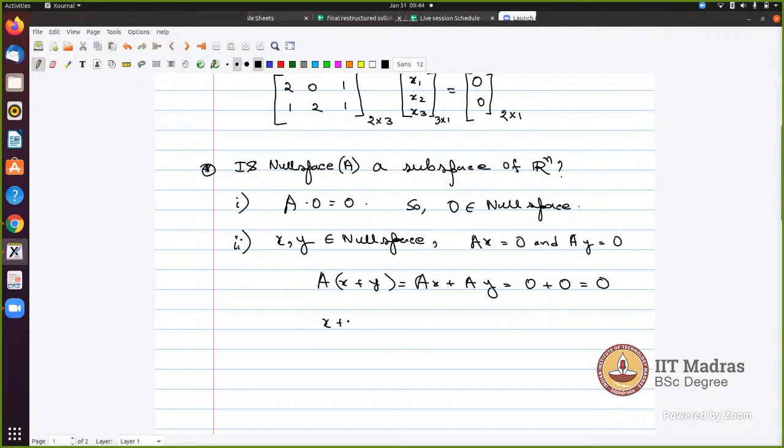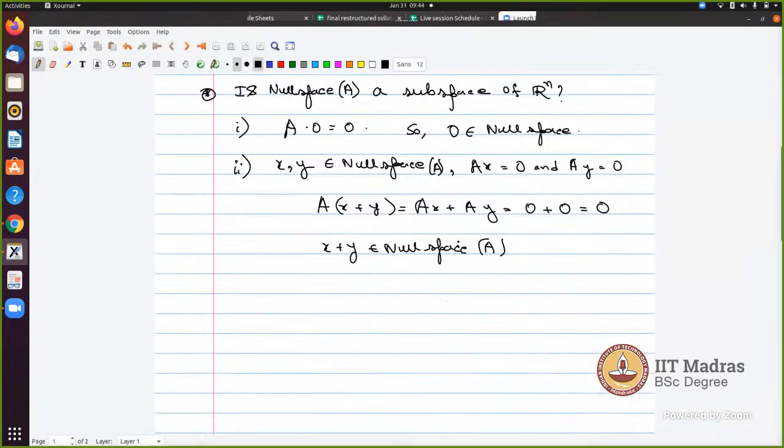So x plus y is also in null space. Similarly, for scalar multiplication, suppose x is in null space of A. That means Ax equal to 0.